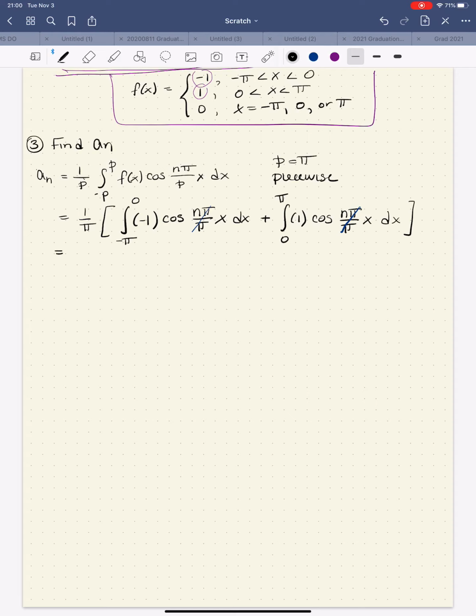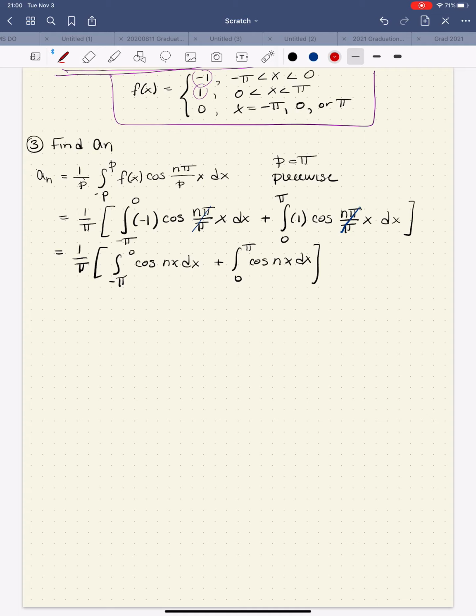And I'll simplify this, 1 over pi, the integral from negative pi to 0 of cosine of nx dx plus the integral from 0 to pi of cosine of nx dx.